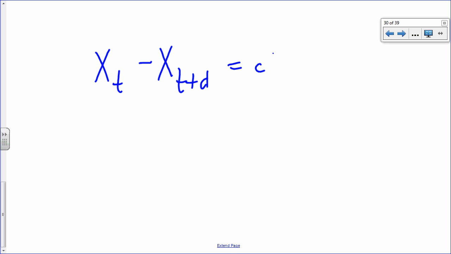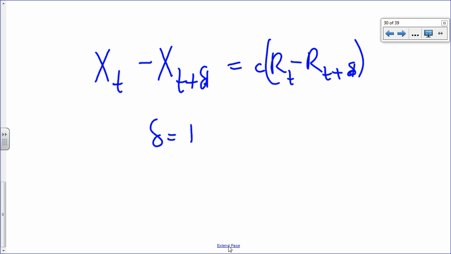It's going to be C times R at time t minus R at time t plus delta, right? I'm going to call it a different letter, delta. Delta is your time lag, okay?